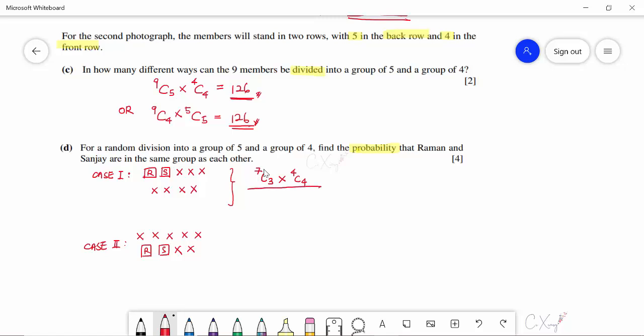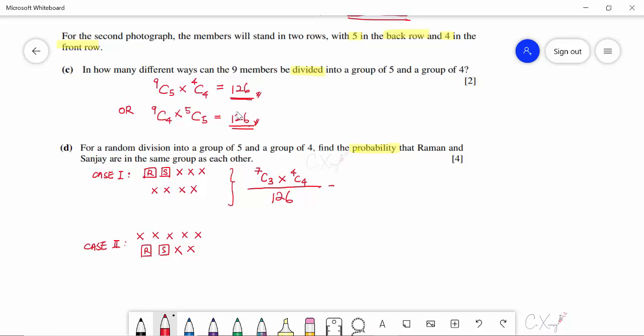Divided by what? Divided by the total without restriction. The total without restriction is what we got in part C, where you didn't have any restriction. So it is the total selection, which is 126.